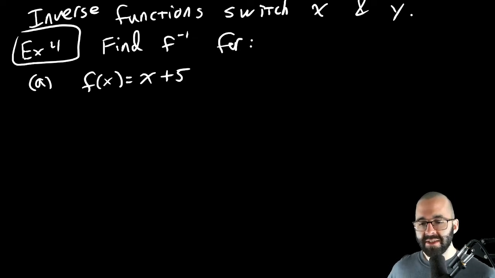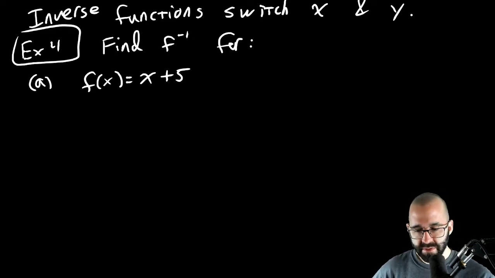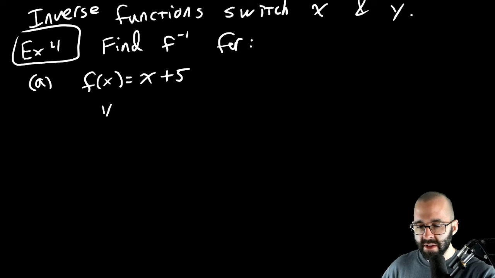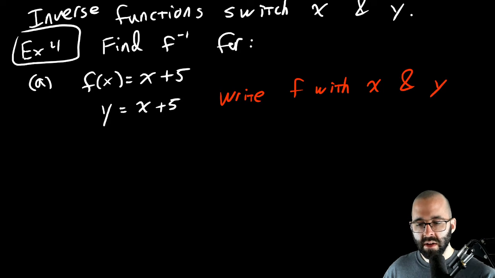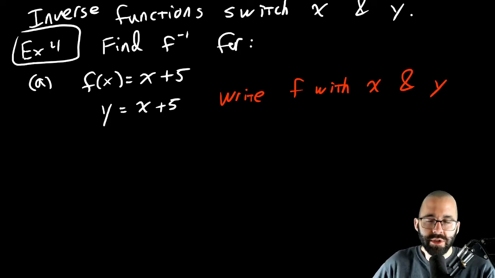But to find this, we're going to use this example to illustrate and introduce a new method of finding inverse functions. So first off, write the function with x's and y's. So f of x, y, we almost always use them interchangeably.